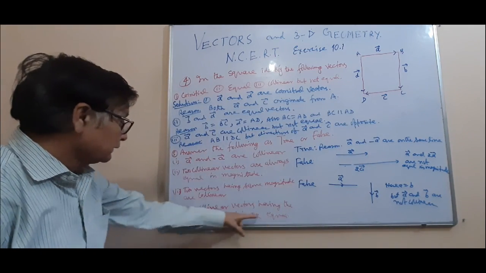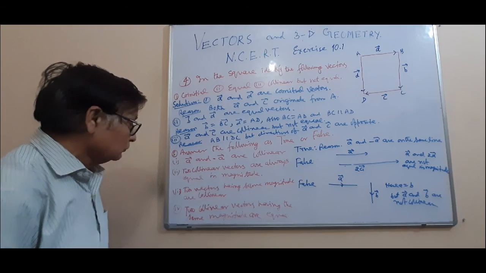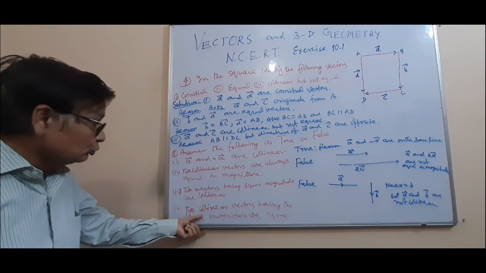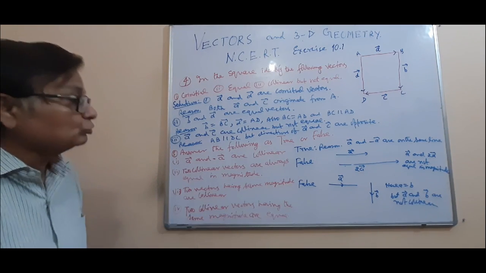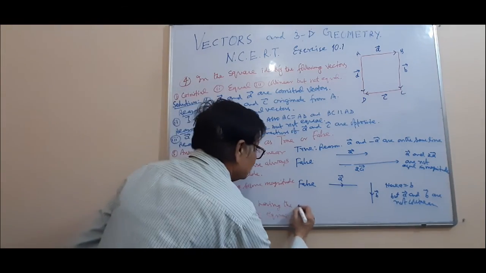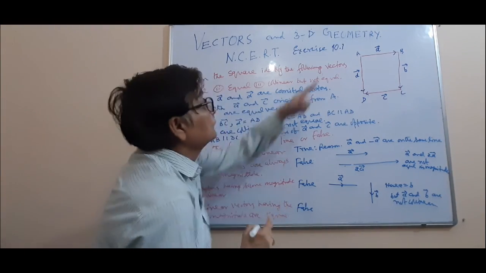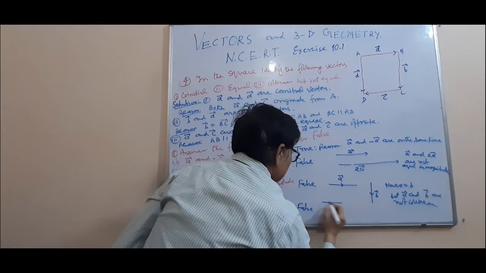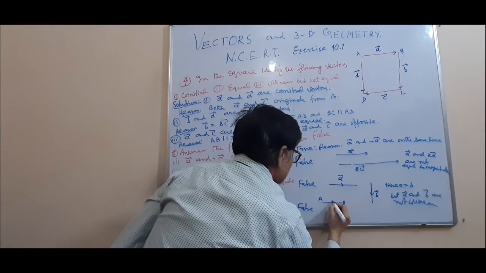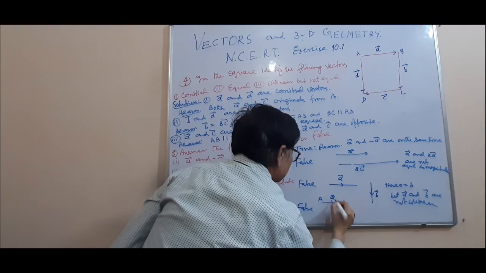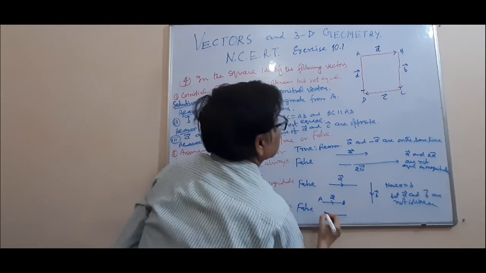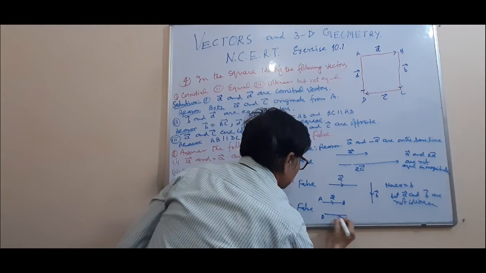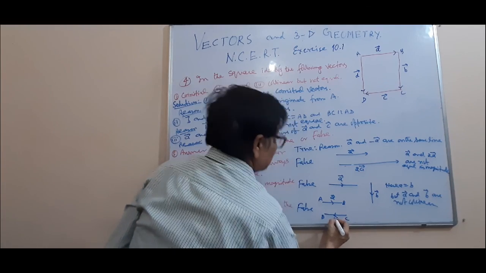Two collinear vectors having the same magnitude are always equal. It is also false. You can see there, we can take this AB, vector a, and this one, they are opposite.